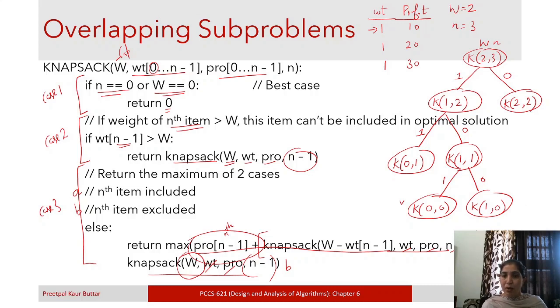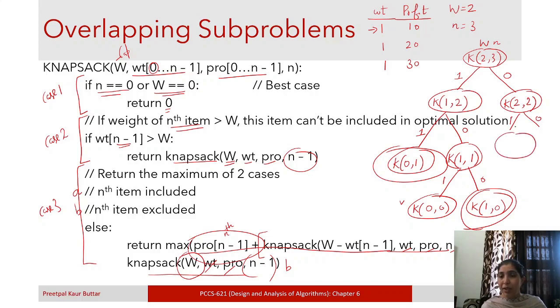And here you can see that we are solving the same problem we have solved earlier. The same problem is being solved here also. Now let's go back to this branch. Here we have capacity of knapsack equal to 2 and the number of items to be considered are also 2. You can include the nth item or exclude the item.